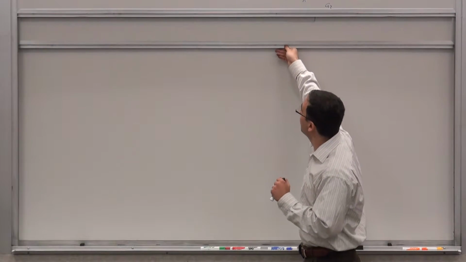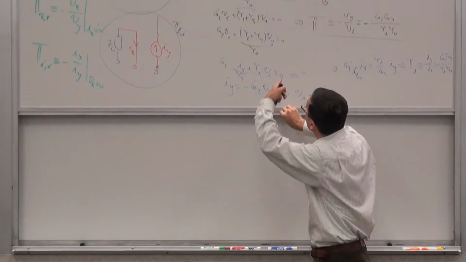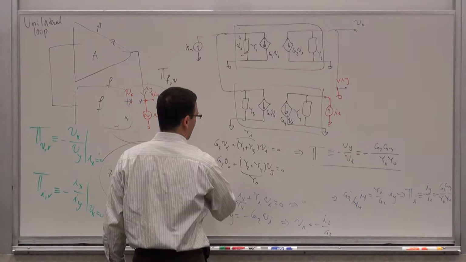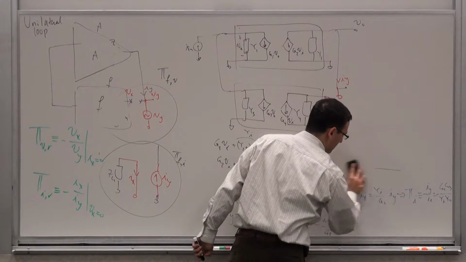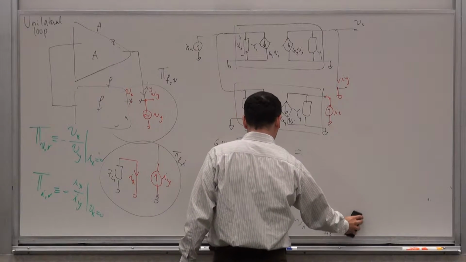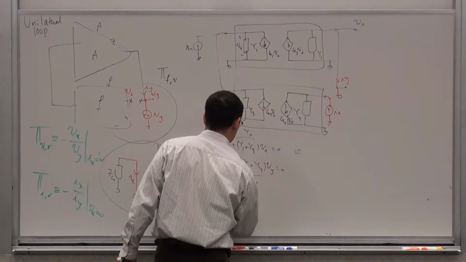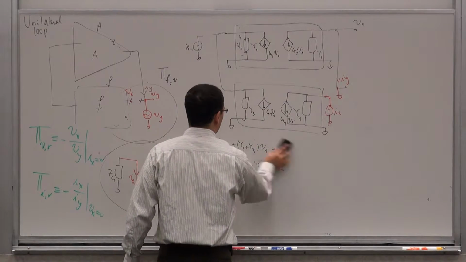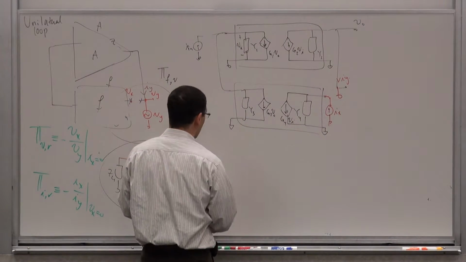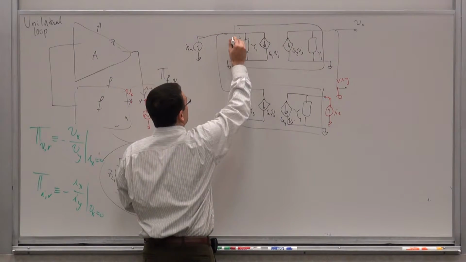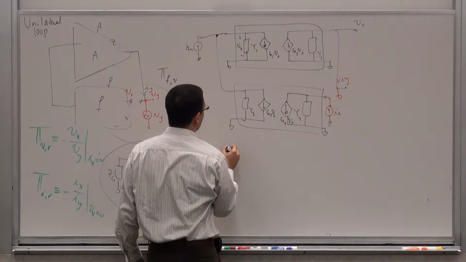So first, let's determine the transfer function of this. Okay. So if you represent this as a whole thing, let's just erase this stuff. So let's do it. So let's write the equations here. In general, if this is I_N, what does the KCL on this node tell me?